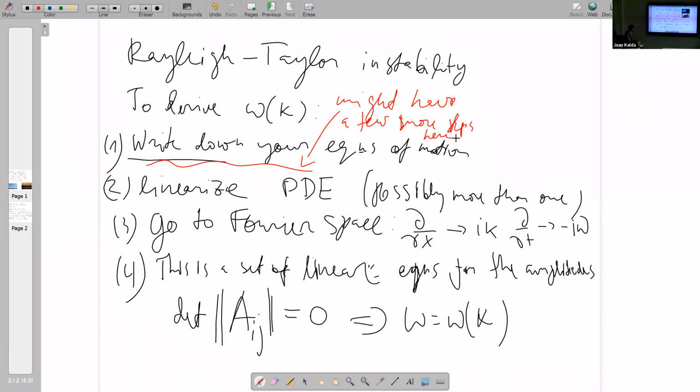Instead of writing down the equation of motion, actually you can start from the Euler-Lagrange equation. So raise your hand if you are fluent with the Euler-Lagrange equation. You did have analytical mechanics, right? And there was a thing which was called the Euler-Lagrange equation, right?